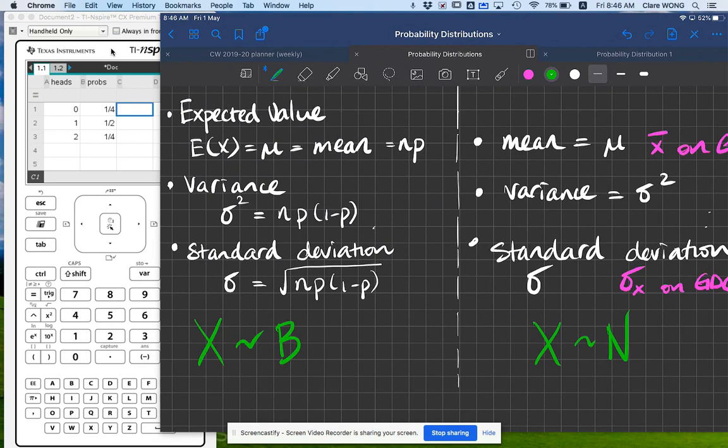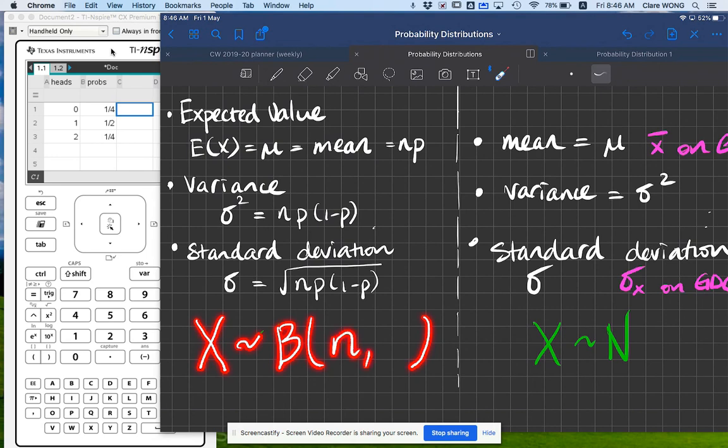And the notation that we write to indicate that we are dealing with a binomial distribution goes like this. We say the random variable x follows a binomial distribution. Now you need to tell clearly what the parameters are.